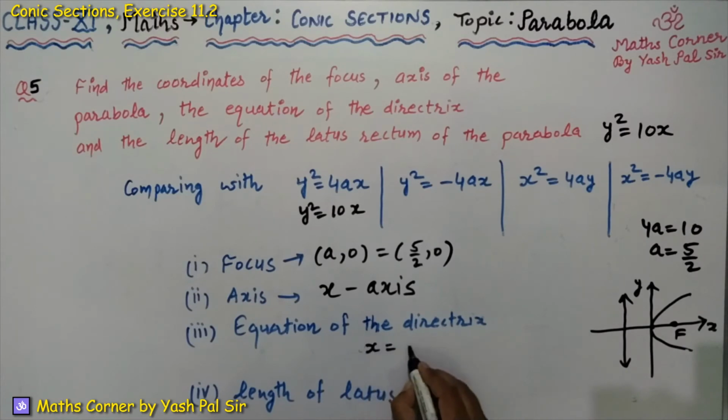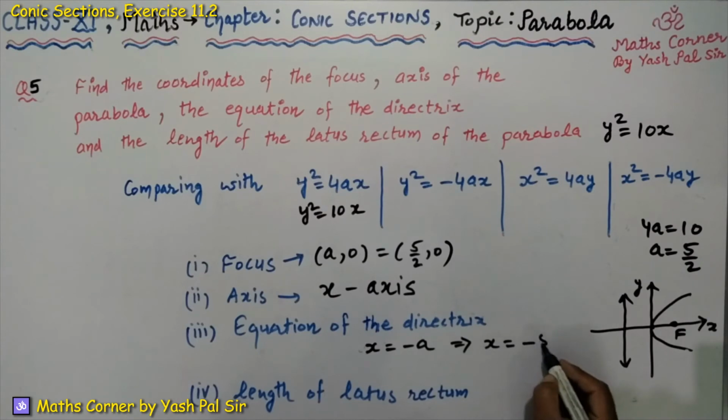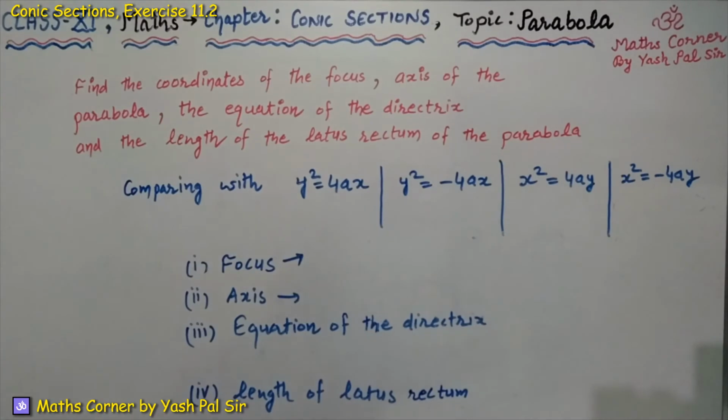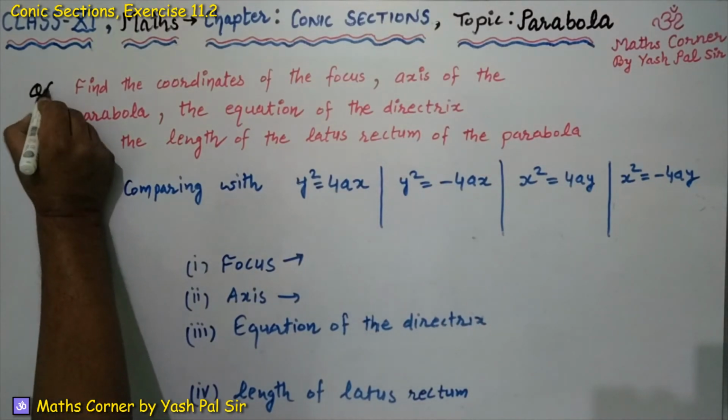If this is the focus, a is this distance, at left side we have x equal to minus a, that means x equal to minus 5 upon 2, that means 2x plus 5 equal to 0 is the equation of the directrix. Now lastly, length of the latus rectum. Obviously this is 4a. 4 into 5 upon 2, so 2 into 5 equal to 10 units is the length of latus rectum in this question.